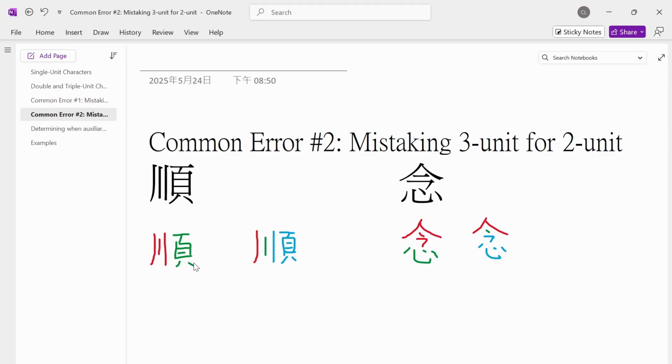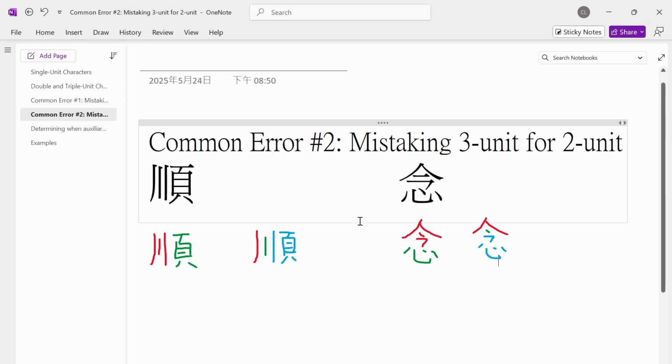However, following Cangjie rules, we extract the leftmost independent character or auxiliary shape. In that case, this would be the left falling stroke. What's remaining is this component, and again, we extract the leftmost auxiliary shape, which is a vertical line.